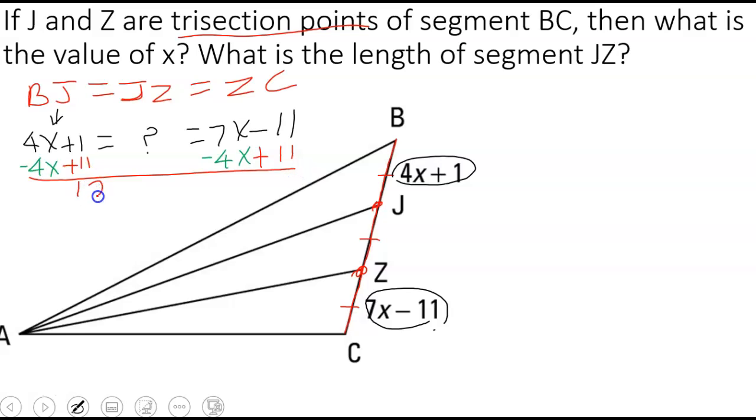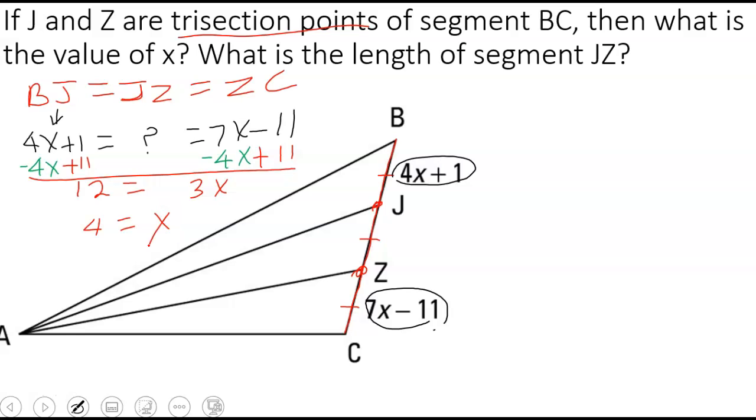So that gives us 12 here, and here we have 3x. 12 divided by 3 is 4. So x equals 4.